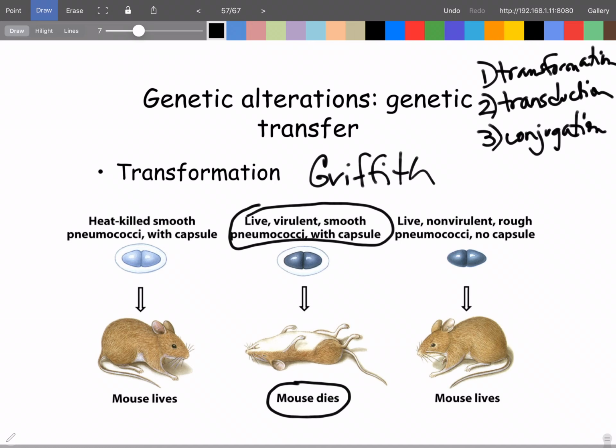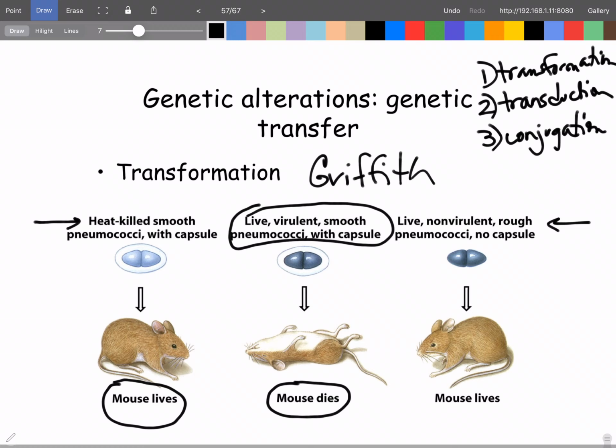In vaccine development at the time, and still today, sometimes we take organisms, kill them, and inject them into our model organism and see if, upon challenge with the live organism, they are able to survive. He had a model where he could heat kill these pneumococci and demonstrate that upon challenge the mouse would live. Then he found another candidate for a vaccine.